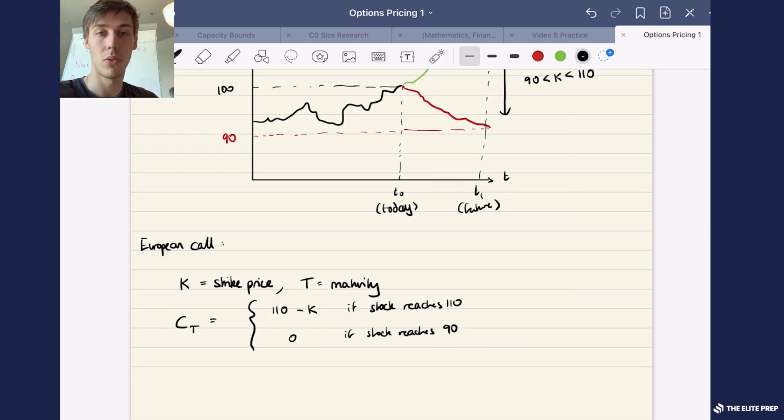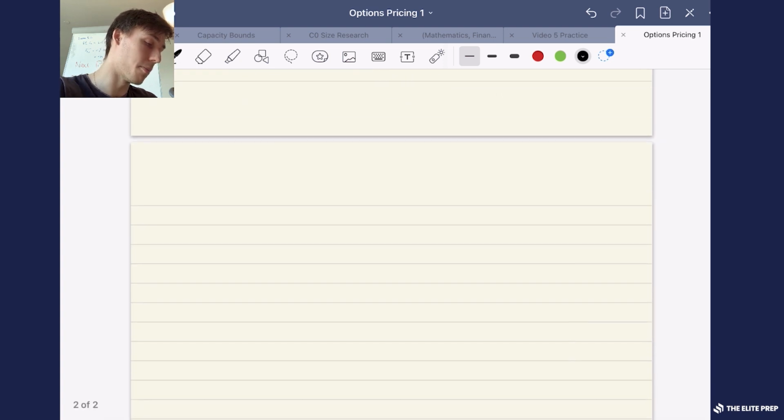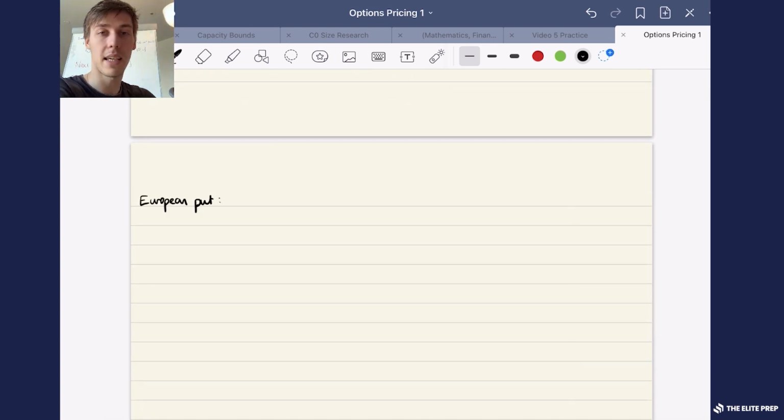Apart from a European call, there is also a European put. In that case, the European put gives the buyer the right, but not the obligation, to sell the underlying. So naturally, you'd want to sell something if you're selling it for a higher price than what it's worth. We would want to sell the stock for an agreed price K, and we would want to sell it if K is bigger than what the stock is worth in the market.